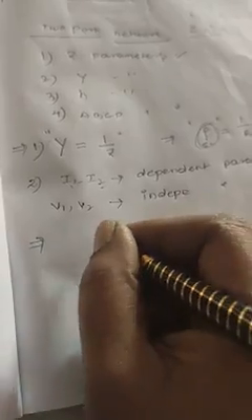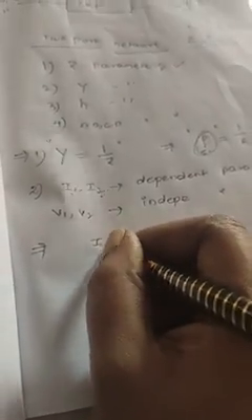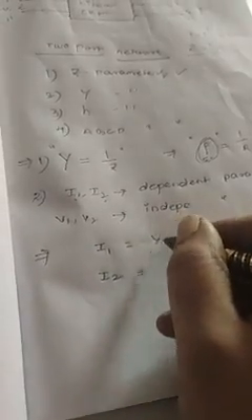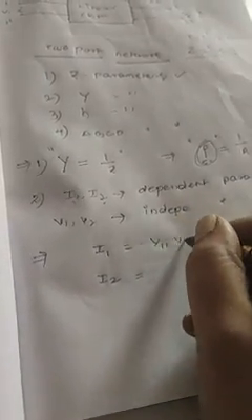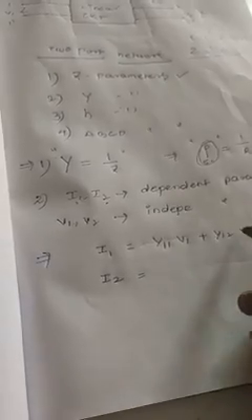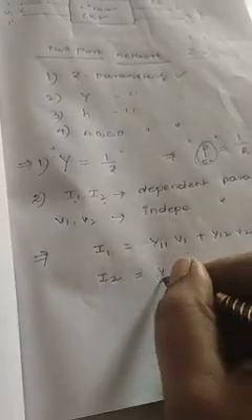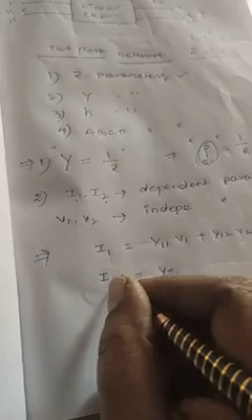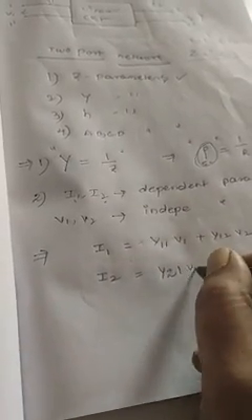How will we write the equations? According to these two key points, we write I1 and I2. First we write I1 = Y11 V1 + Y12 V2. Similarly, I2 = Y21 V1 + Y22 V2.